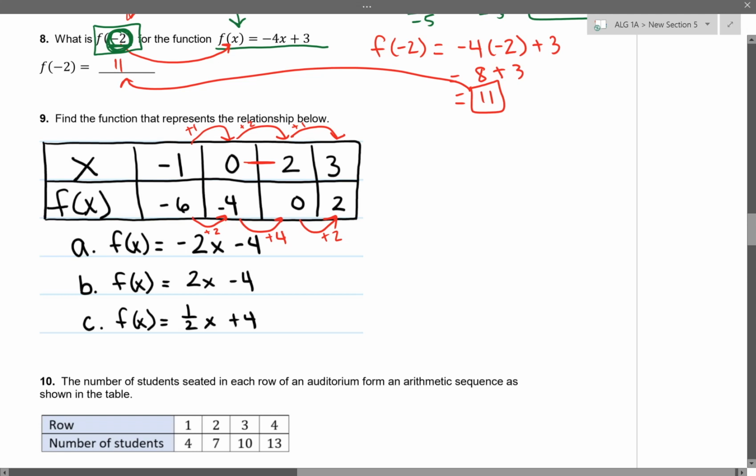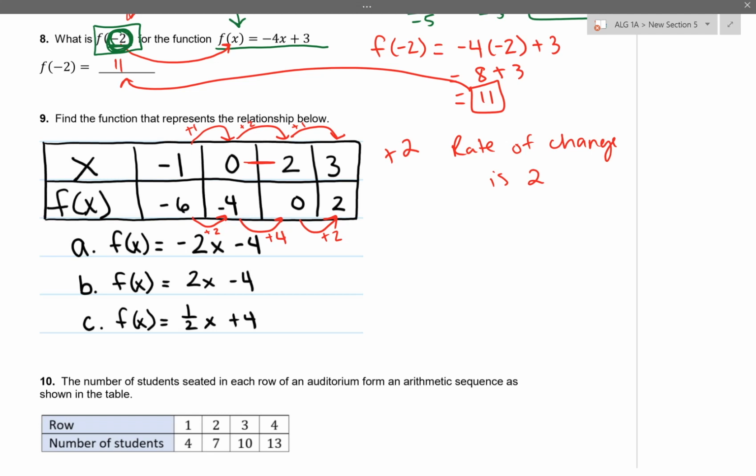So you see how it skipped? If I didn't skip, it would have been a plus 2. So that's okay. So my pattern is plus 2. So that means my rate of change is 2.